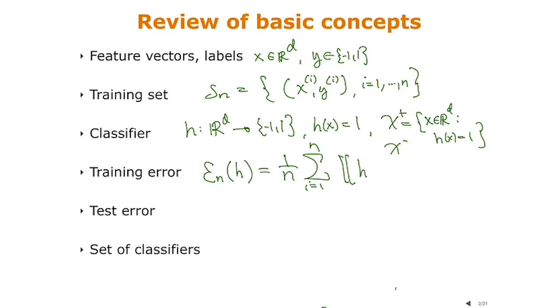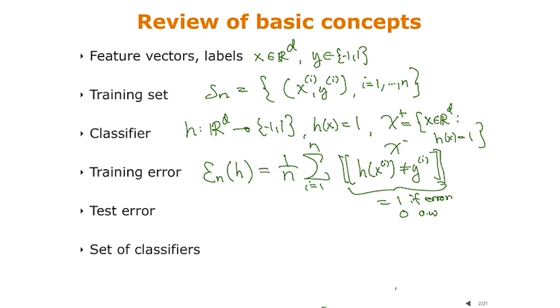So we apply that classifier to the ith training example and compare it with the ith label as given in the training set and ask whether this discrepancy is true. If it's true, then this returns 1 if there's an error and 0 otherwise.